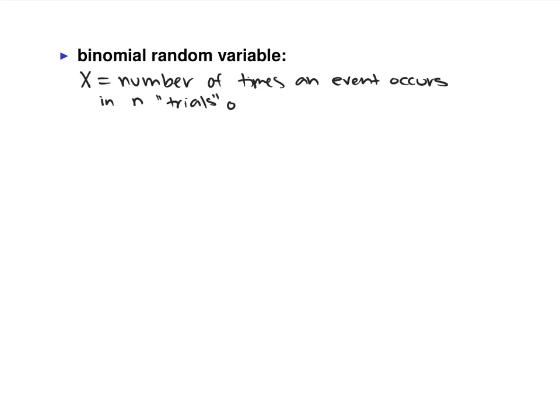So the binomial random variable x is the number of times an event occurs in n, what we're going to call trials, of a binomial experiment.